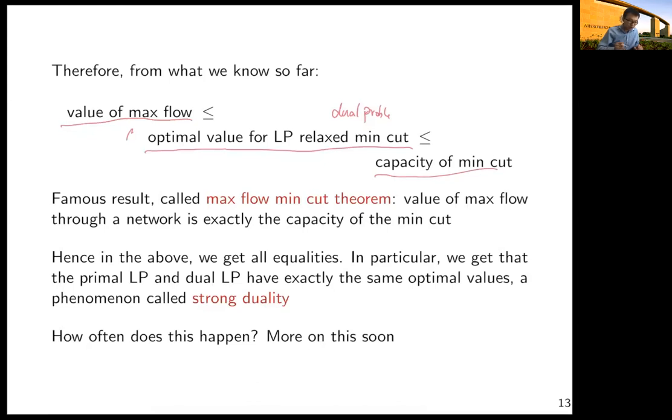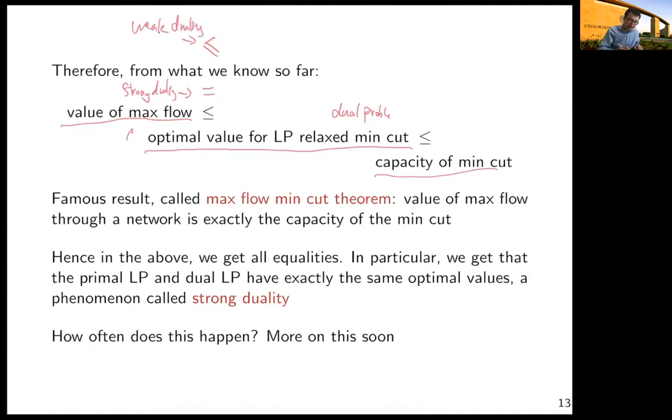In general, the problems might have strict inequality here rather than equality. Equality we call strong duality; strictly smaller we call weak duality.